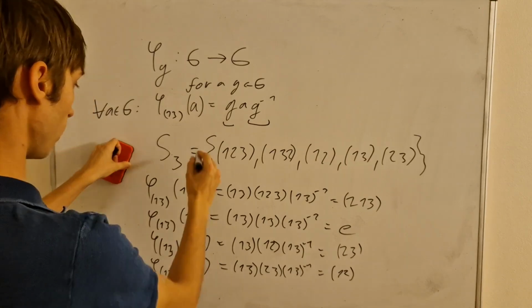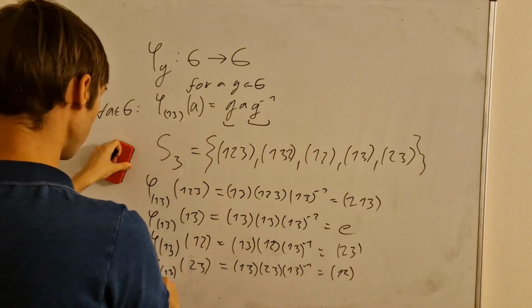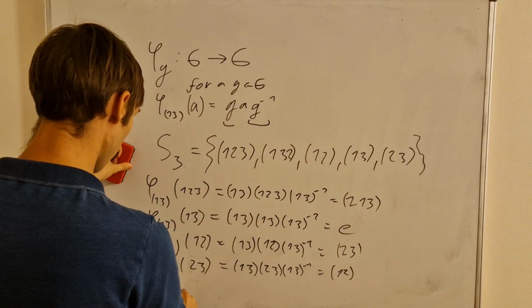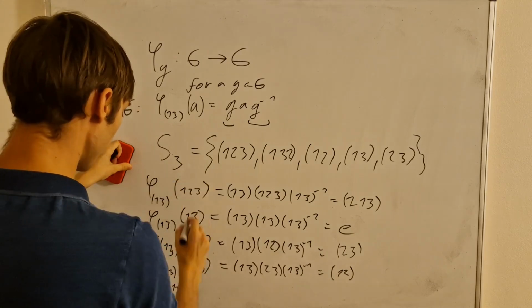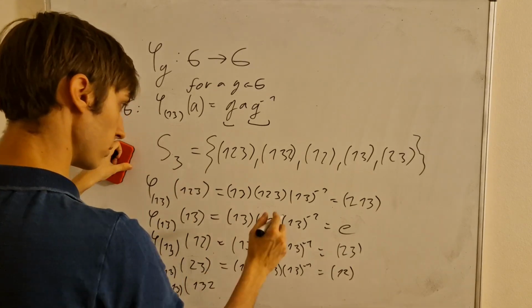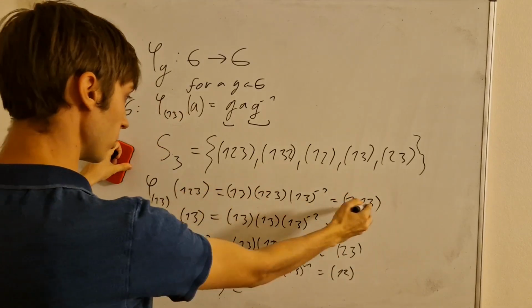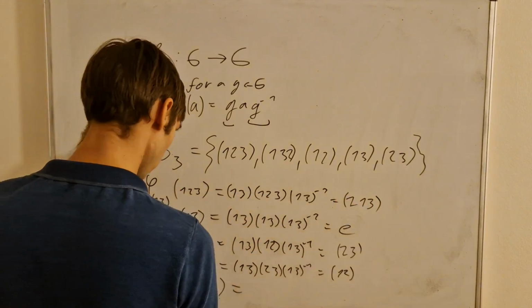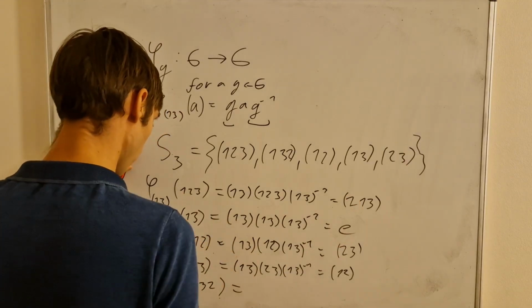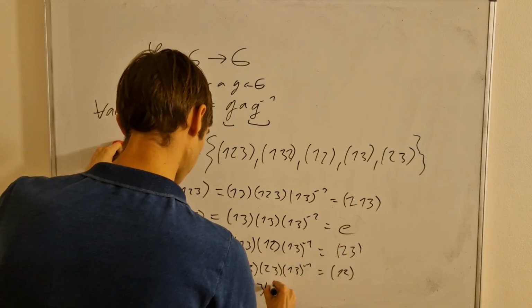And we need a sixth one, and that will be again by (1 3) onto (1 3 2). Just like this one led to this one, this will lead to this one.